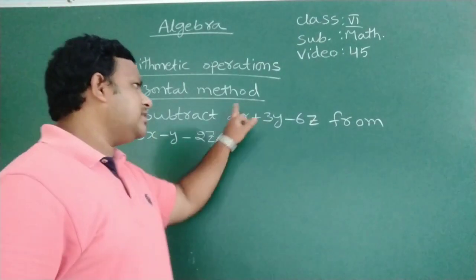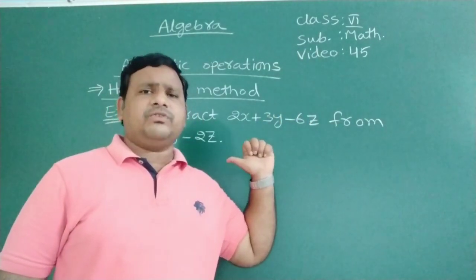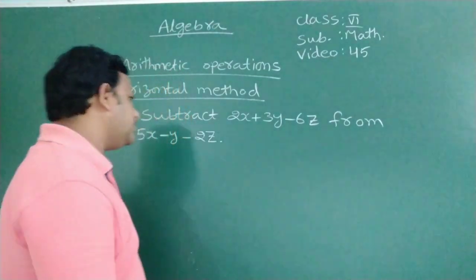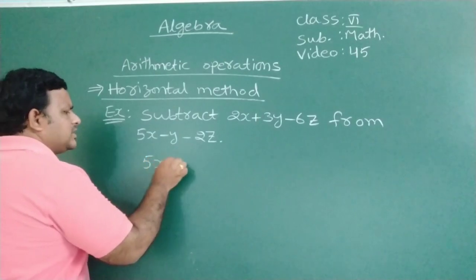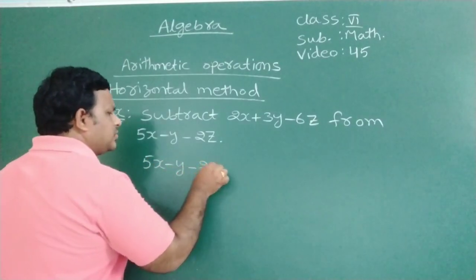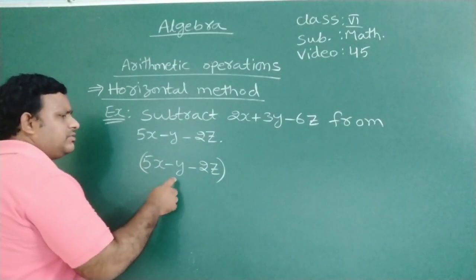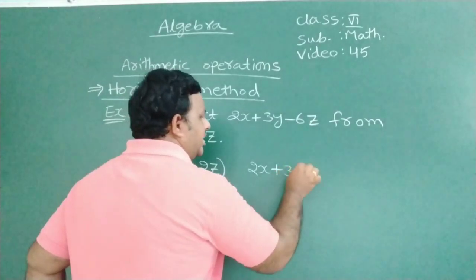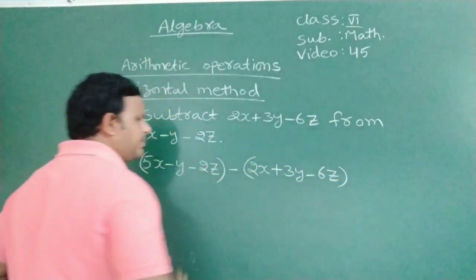So we should subtract the first expression from the second expression. So the second expression should come first, isn't it? So in the horizontal method, 5x minus y minus 2z should be written first. From this we have to subtract 2x plus 3y minus 6z.